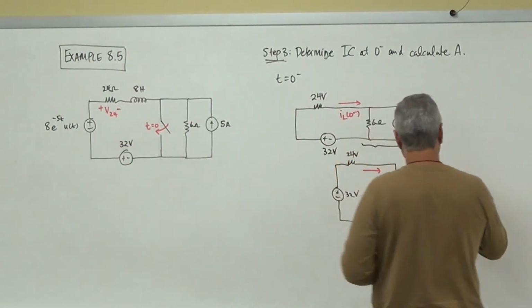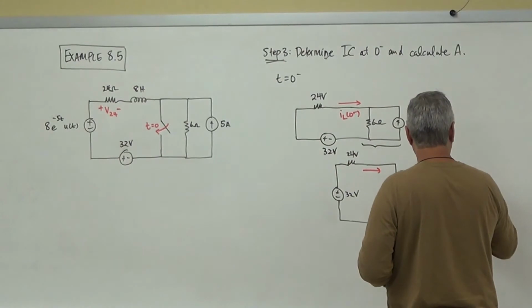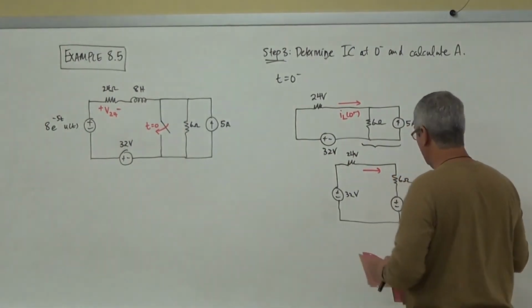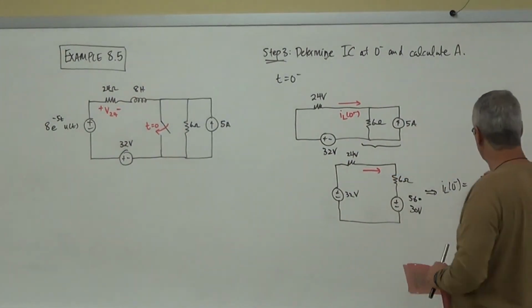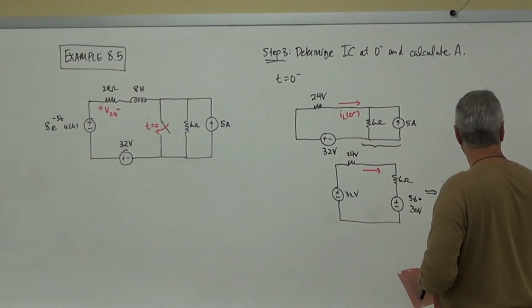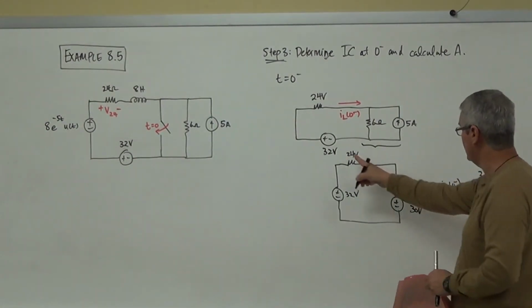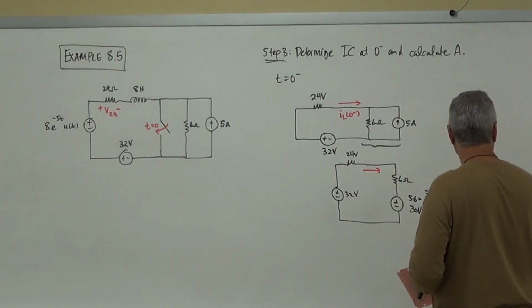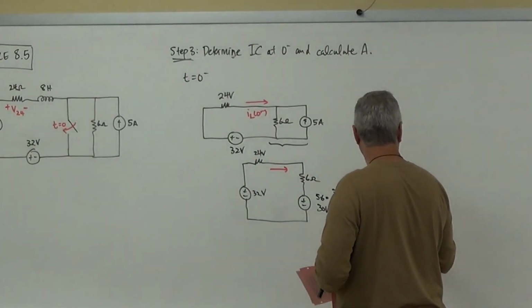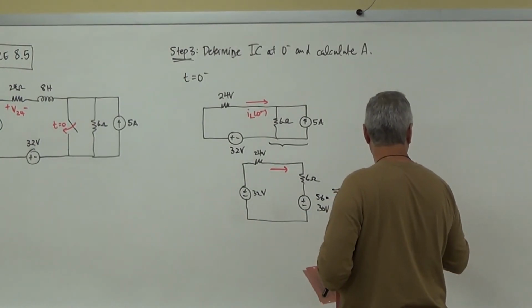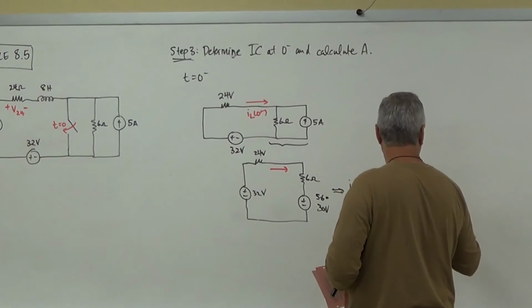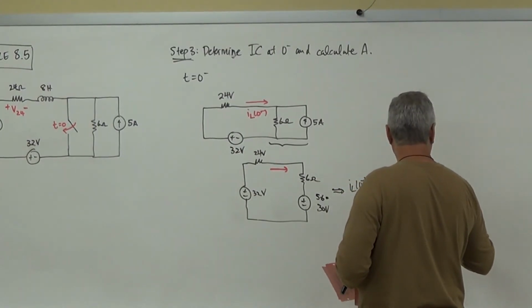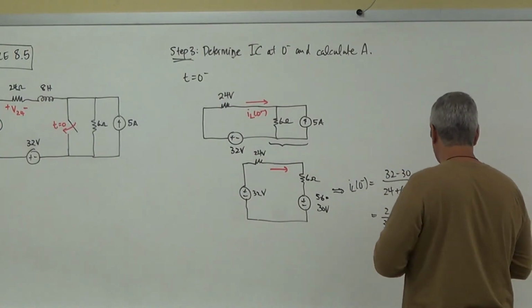So IL of 0 minus must be the net voltage, which will be 32 minus 30, divided by the sum of these two resistors, which is 24 plus 6. So it looks like it's 2 over 30, which is 1/15 of an amp. And that's what IL of 0 minus is, which is the same as 0 plus.